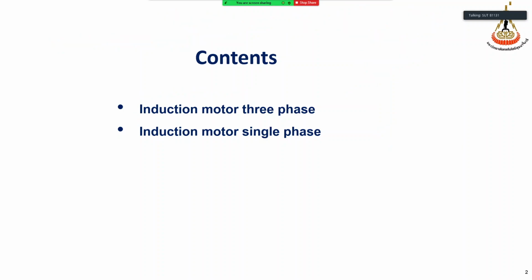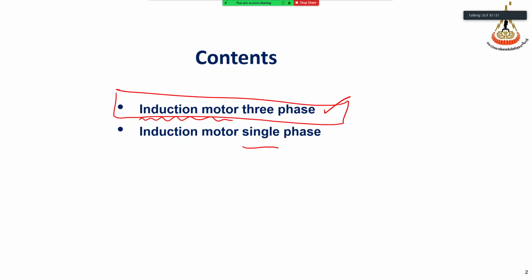Therefore, in industrial, we usually use the induction machine as the induction motor, and we have both induction motor in 3-phase design and in single phase design, right? And I will go in detail only on the 3-phase induction motor that is widely used in industrial.